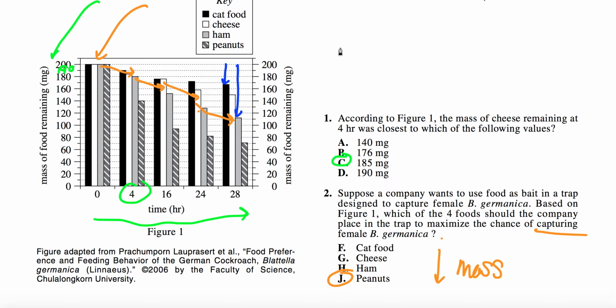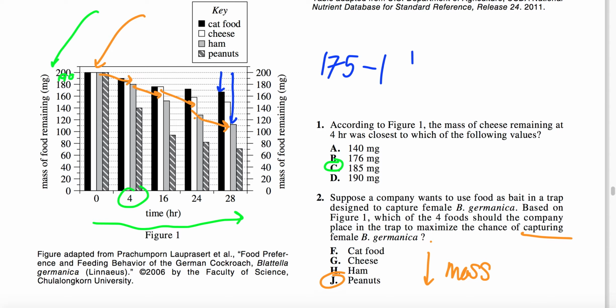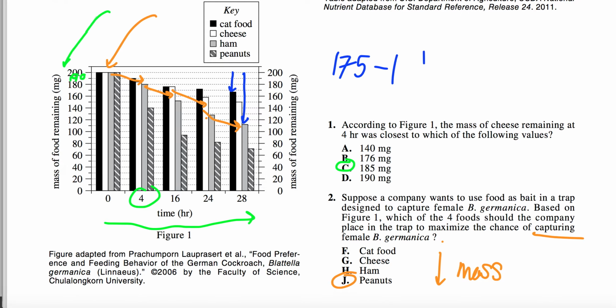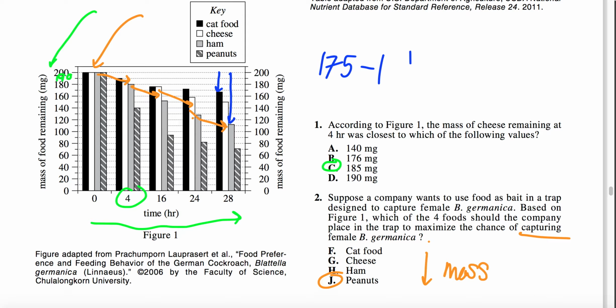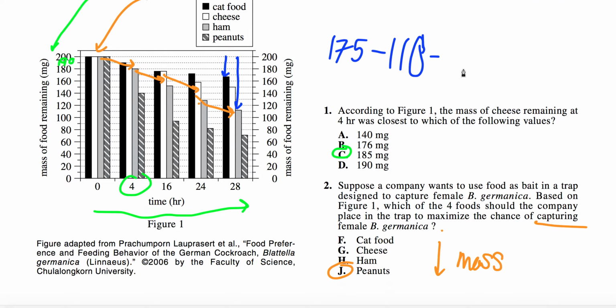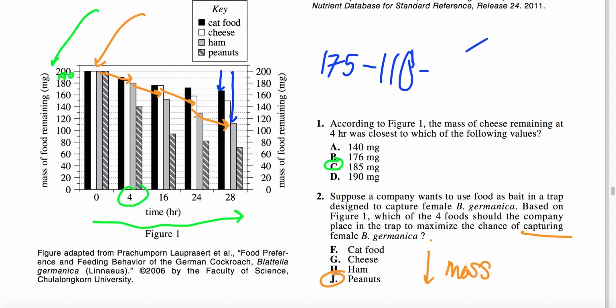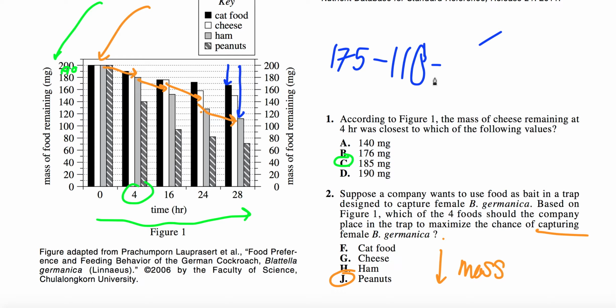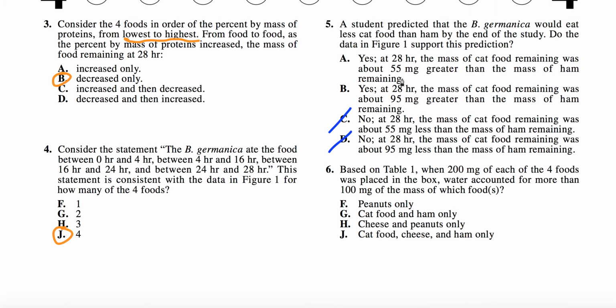This is probably around 175 minus 110, which is about 65.